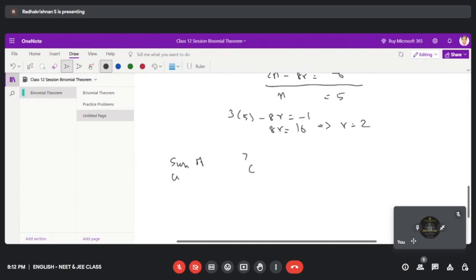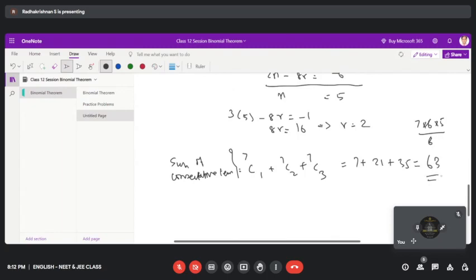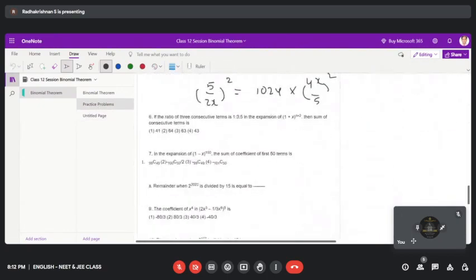So 7C1 plus 7C2 plus 7C3, consecutive terms. Next step is 7 plus 21, and the third term will be 7 into 6 into 5 divided by 6, which is 35. So this adds up to 63. That's all. The options are given, so 63 is your answer.